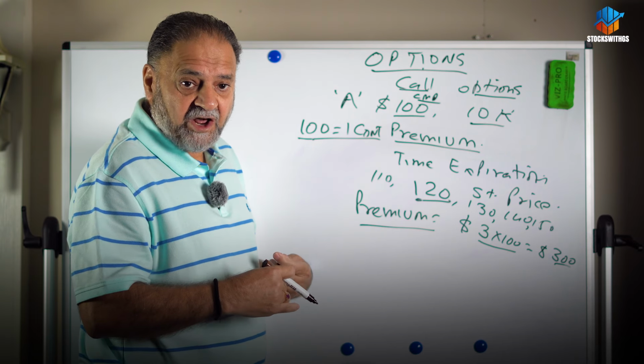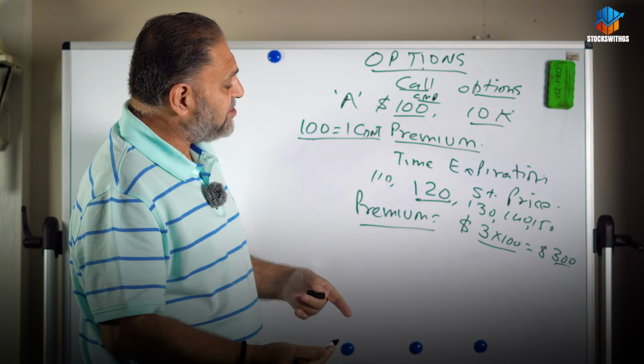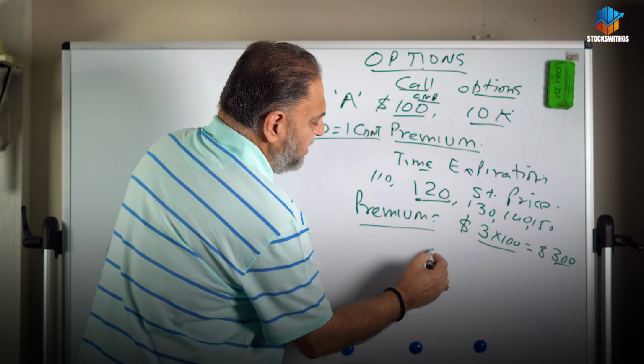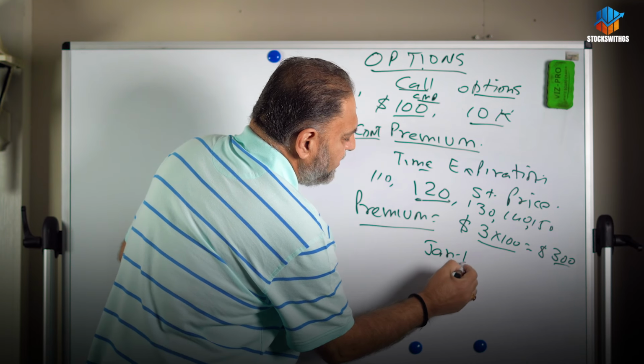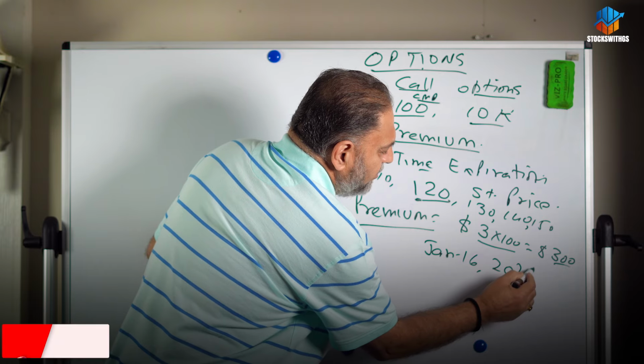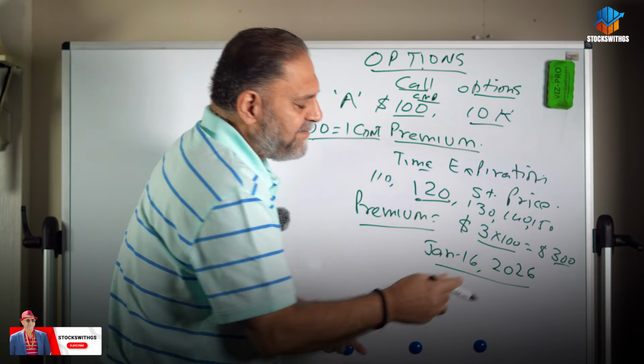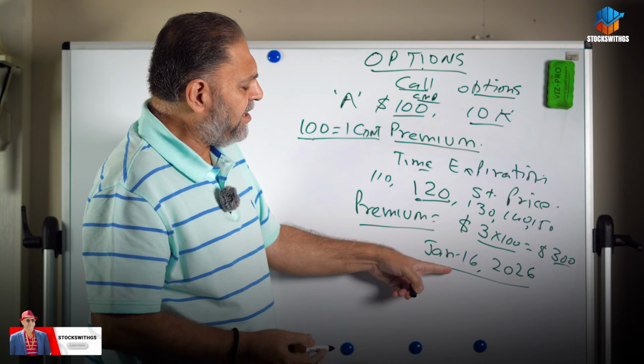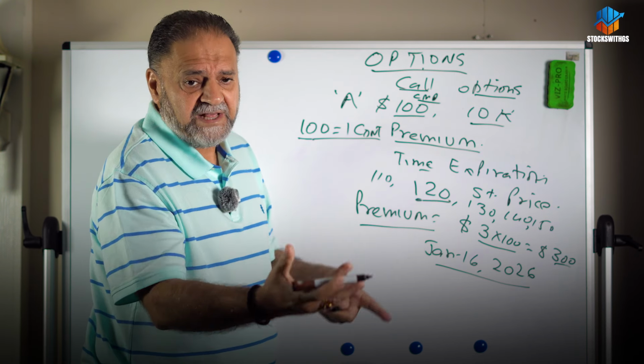You keep that $300. Now your obligation is, suppose let's do the date of expiration. It is January 16th, 2026, 2.5 months from now. I'm just giving an example. It can be like December 15, it can be February, it can be anything.